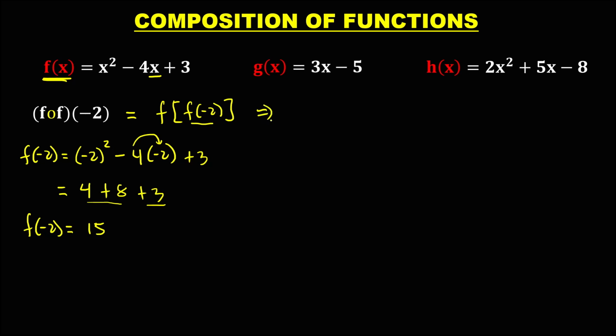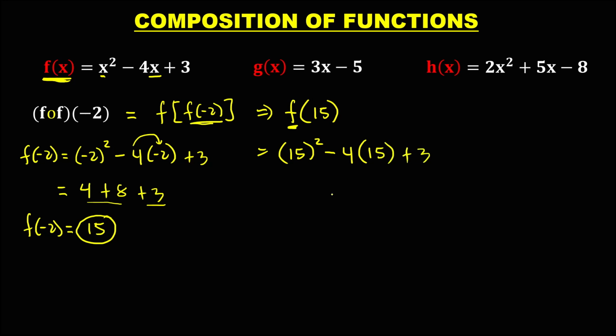So from this, we can write this composition as f of positive 15 because f of negative 2 is equal to positive 15. Then from f of x, x is equal to positive 15. So this becomes 15 to the power 2 minus 4 times 15, then plus 3, and this 15 to the power 2, that's 15 times 15.